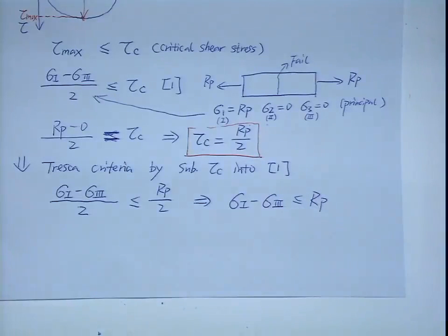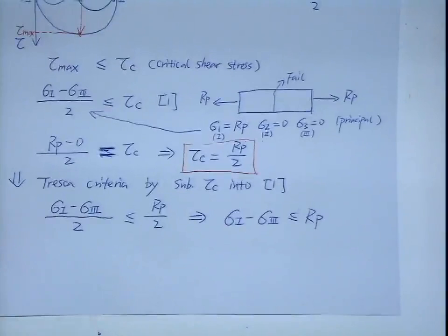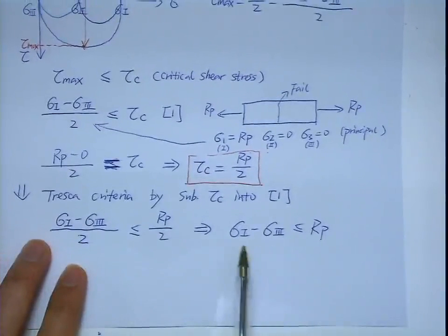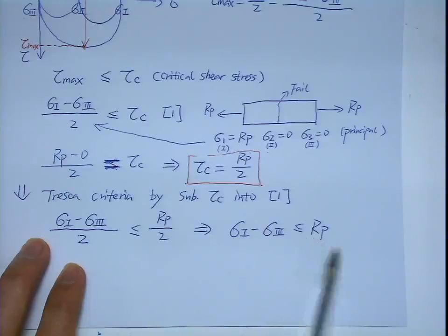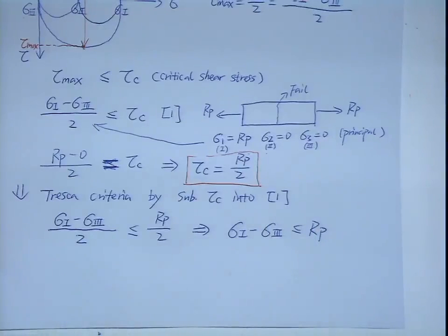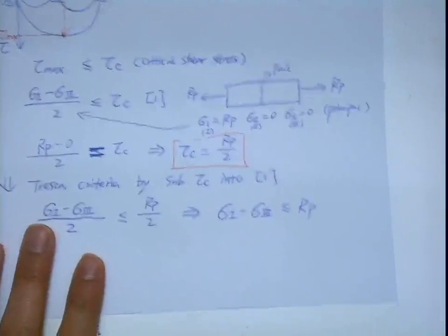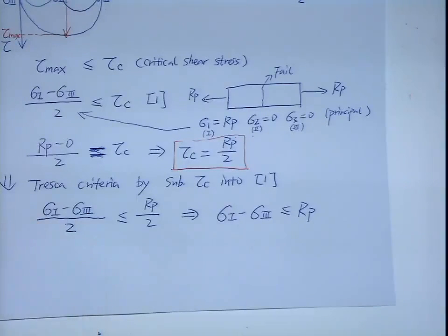So from that logic, you can see I relate the principal stress with the measured yield strength, because this is the only value I know from my test. And this is the easiest way to get the yield strength of a material rather than doing a shear test. Okay? RP is the one I draw here.